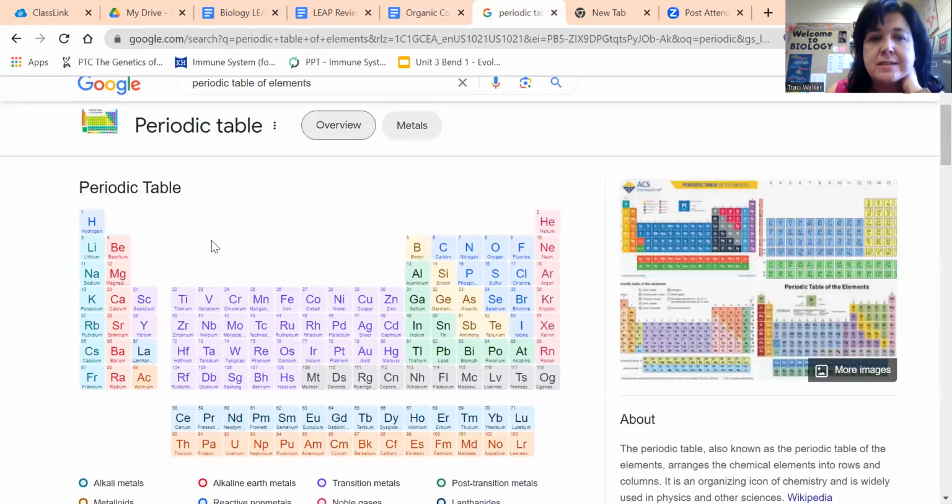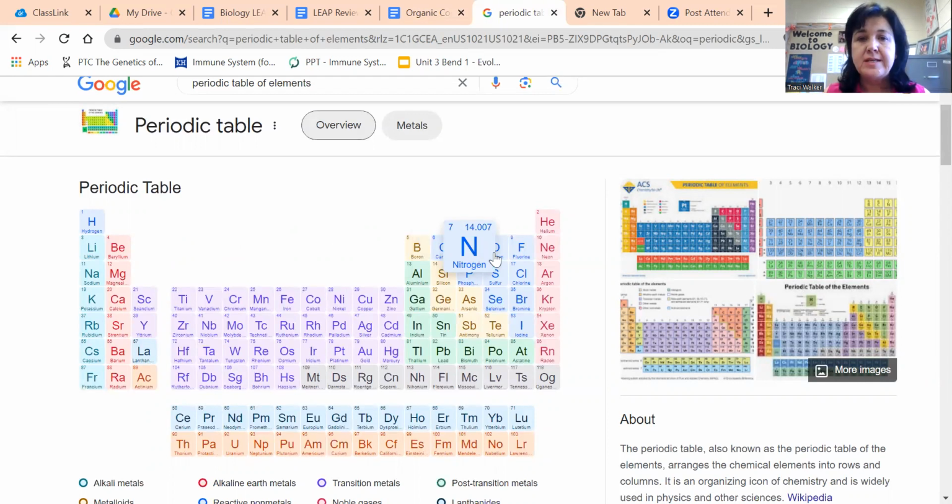An element is made up of all the same atoms. You've learned that atoms are the smallest unit of matter. Each box is a different element, and each element is made up of all the same atoms.